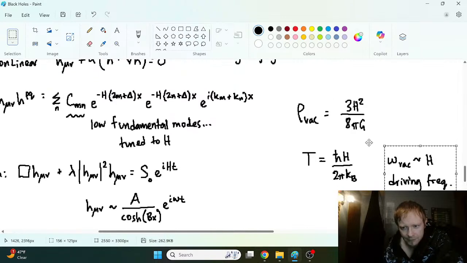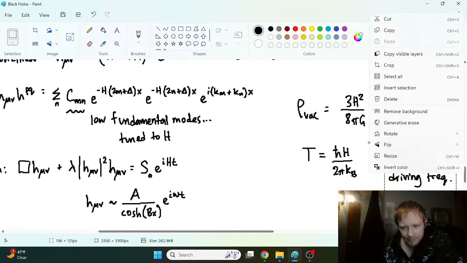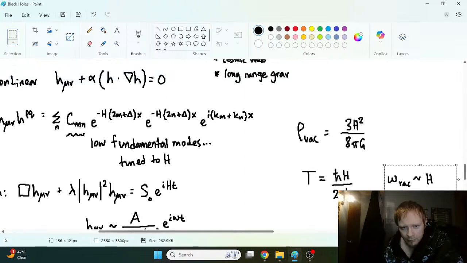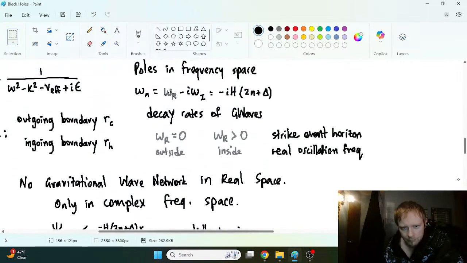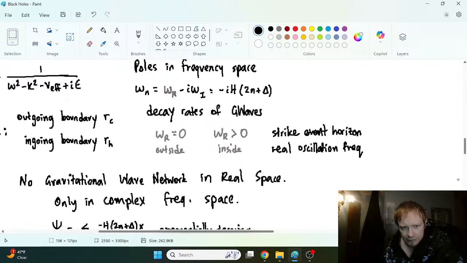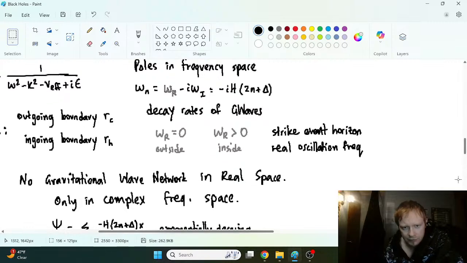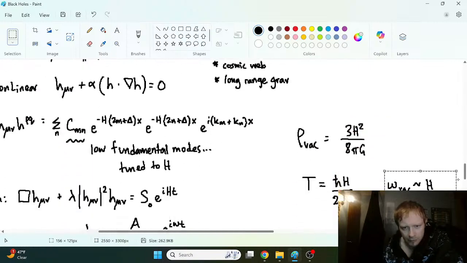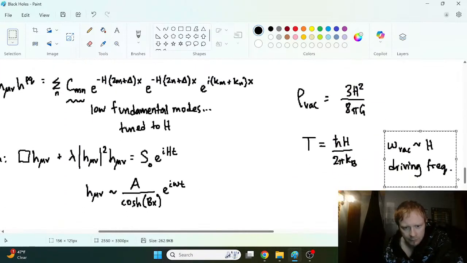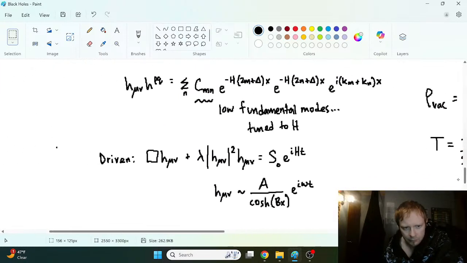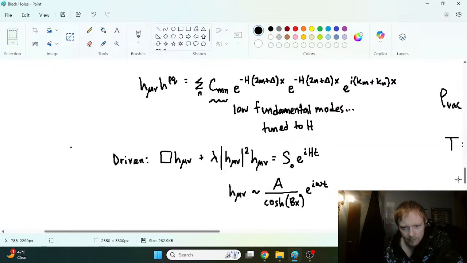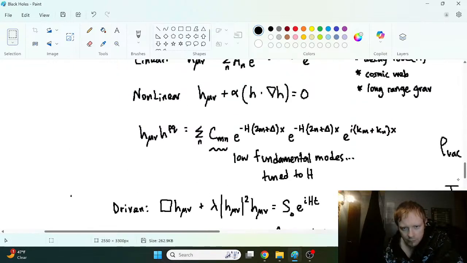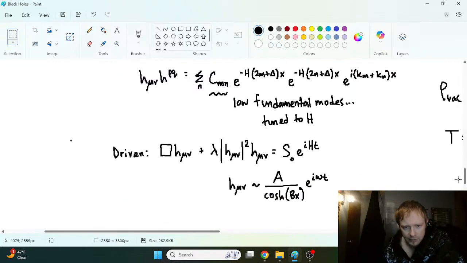So that's very interesting. What we're saying is that we might be able to even plug it into this particular value here. But this is essentially where it's gotten to. We might have this driven frequency here that sustains this gravitational wave network in complex space.